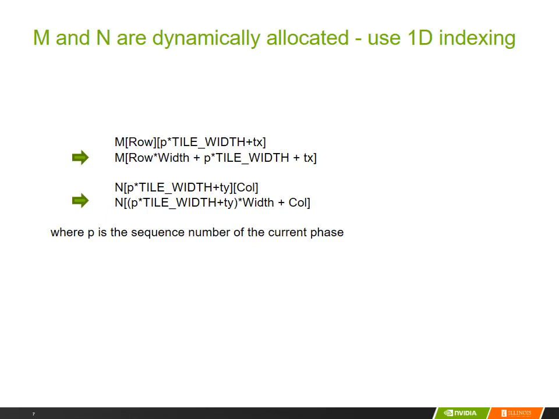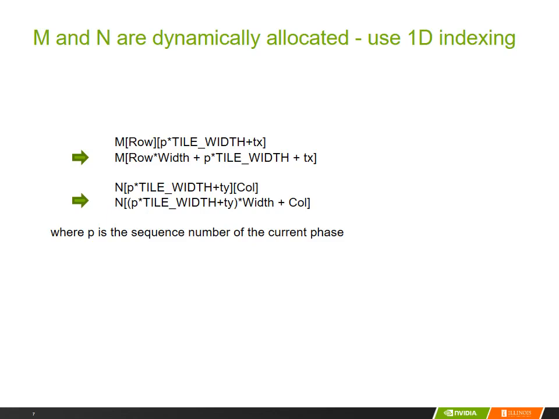For N, we know that for each phase we need to advance the row index by a tile width. So if we are in a phase P, we need to add P times tile width to the y dimension of the thread index to form the row index, whereas the column index will remain the same throughout.